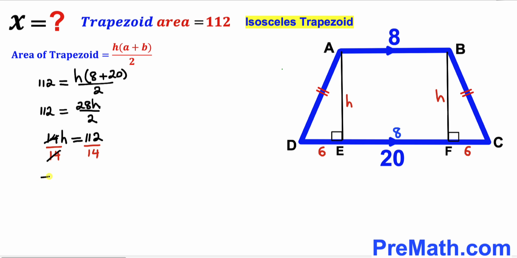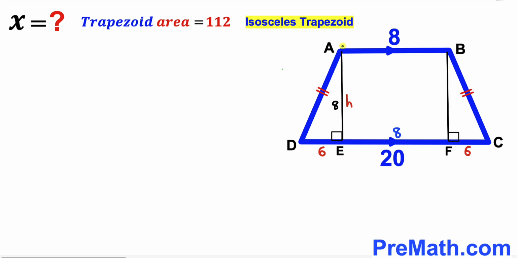So our height h turns out to be 8 units. This height h is 8 units, and likewise this is going to be 8 units as well.